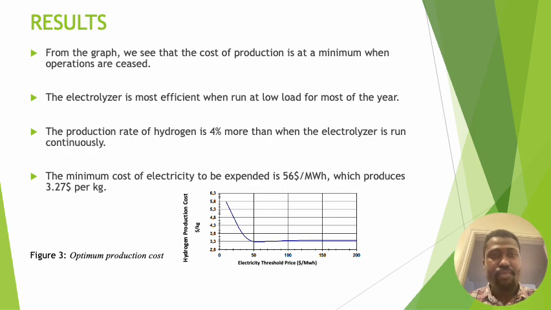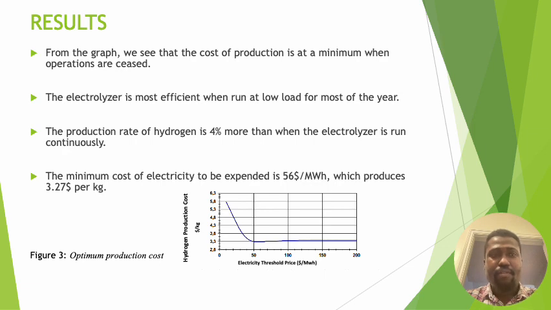From the results, we can see that the cost of production is at a minimum when the electrolyzer is not working. Then we also see that the electrolyzer is most efficient when it runs at low load for most of the time, or in the case of 1 year, for most of the year.